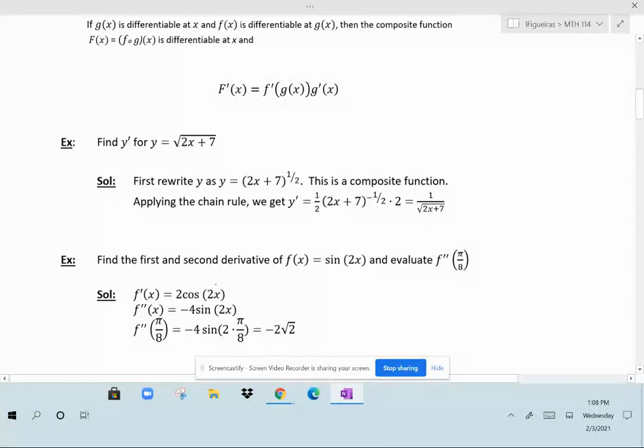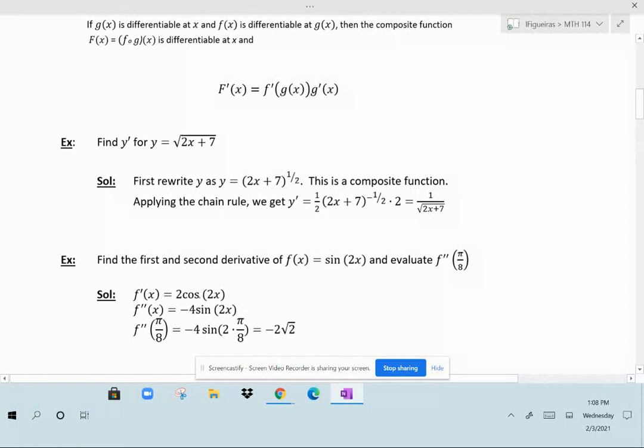So now it's 2 times a composite function, where this time cosine is the outer, this is the outside, and this one is the inside function. And that whole thing is going to get multiplied by the 2 in front.